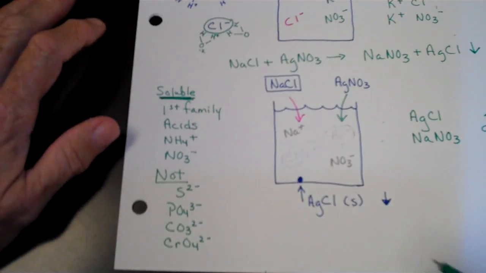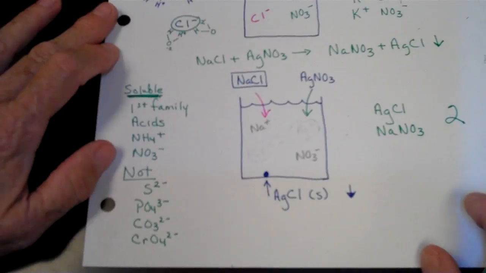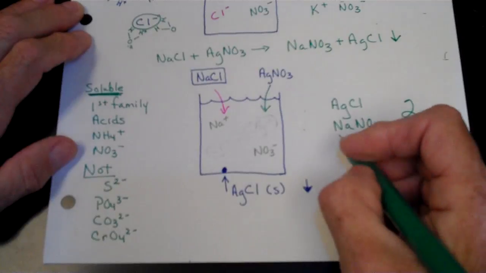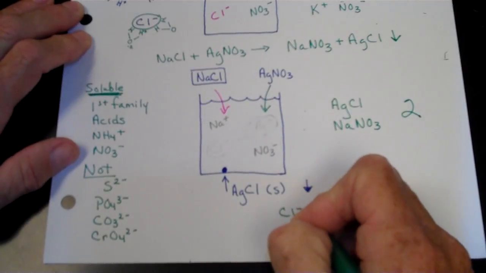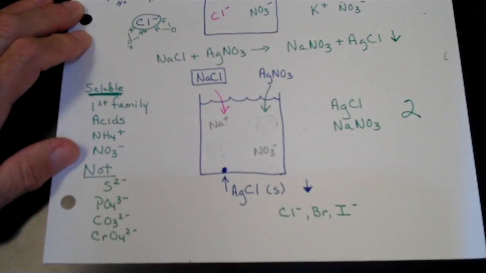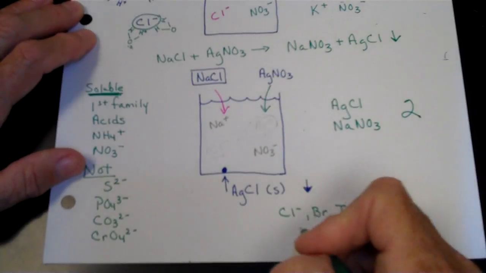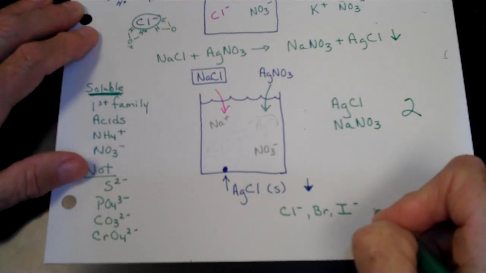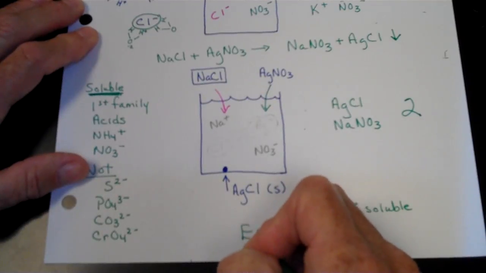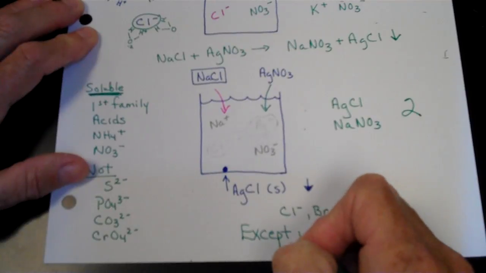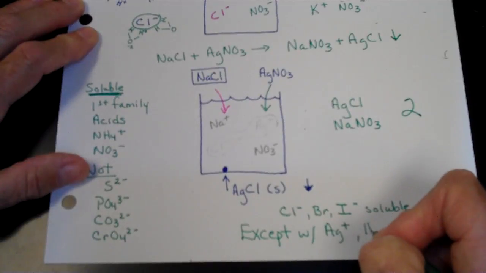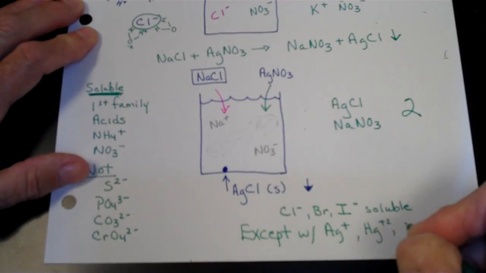And the rule for silver chloride, well, that could be a slightly strange one. There are two of these rules that students need to be familiar with. And here's the first one: if you have chloride, bromide, and iodide, just those three halogens, they are soluble, except with silver, mercury, and lead ions.